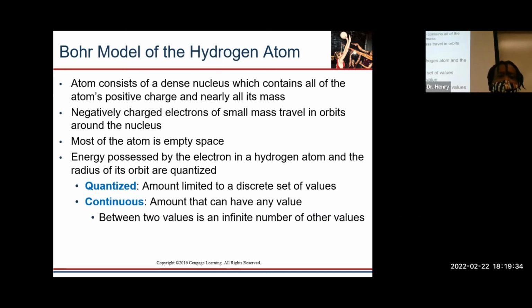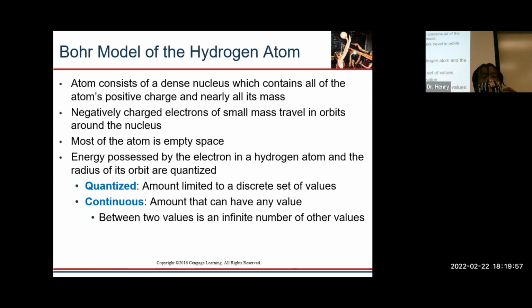He basically designed the model for the hydrogen atom. He used some of the information that was already known, such as there's a nucleus. And he said that there are electrons orbiting the nucleus, right?